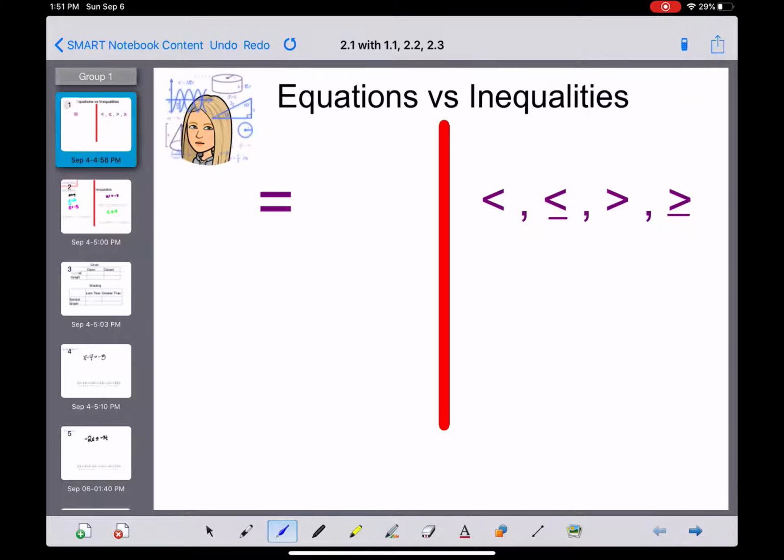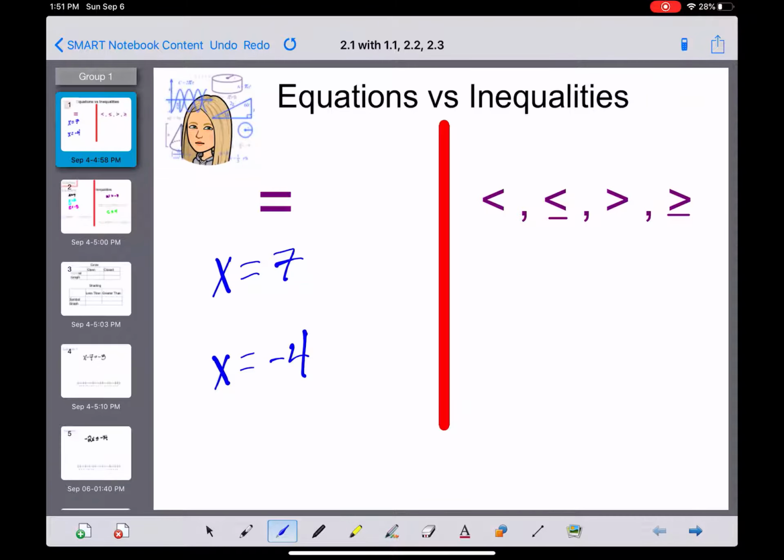But what it represents is how many solutions there are. So for an equation, for now, it's going to represent one solution. So they will look like x equals 7, your final answer, or x equals -4. Inequalities, however, represent a set of numbers.